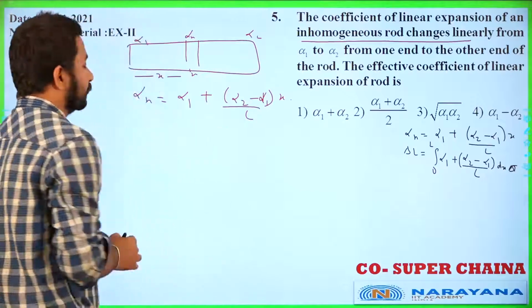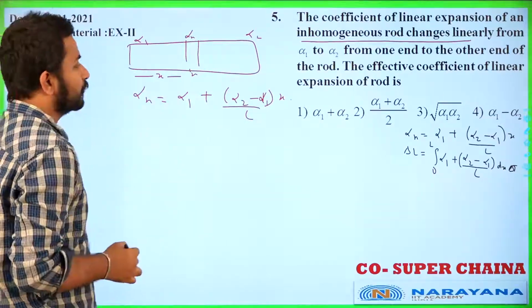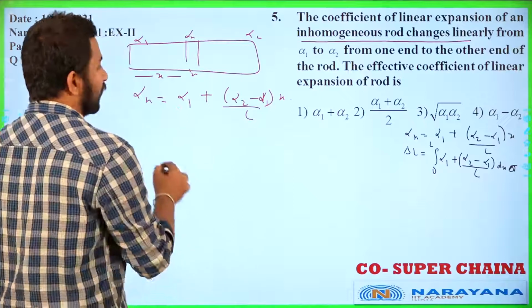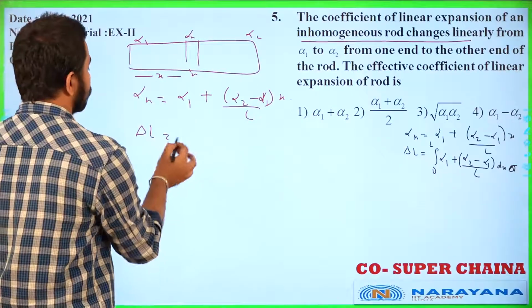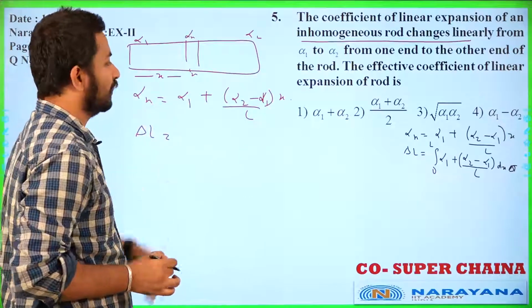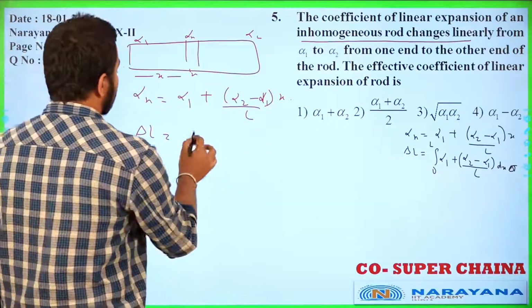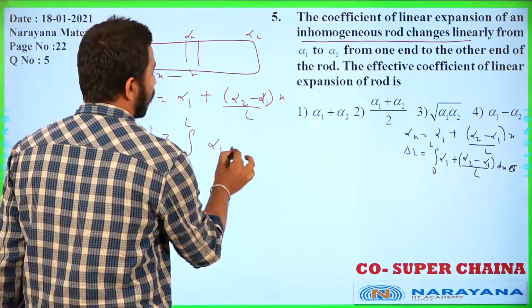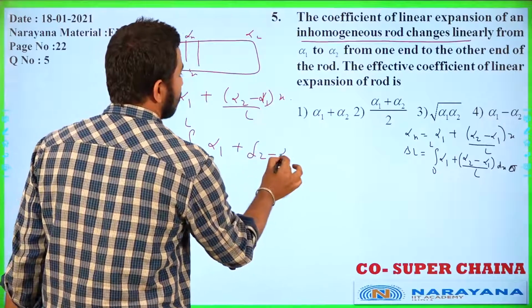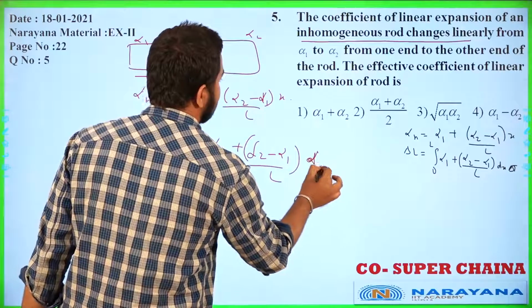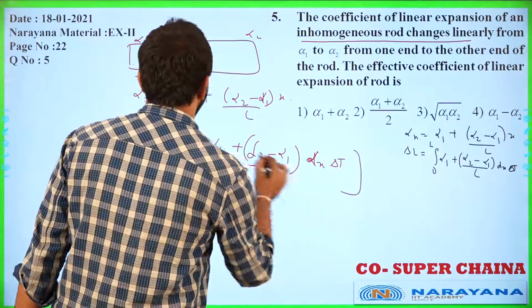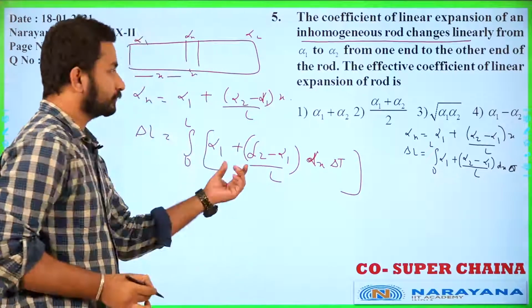I have written this. Similarly, we can write here in terms of delta L. So this is my net alpha here. So delta L will be what? Integral from 0 to L of alpha 1 plus alpha 2 minus alpha 1 by L times x, dx dt. This will be my integration, right?